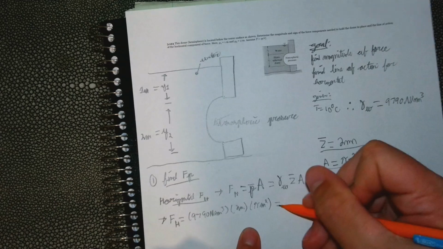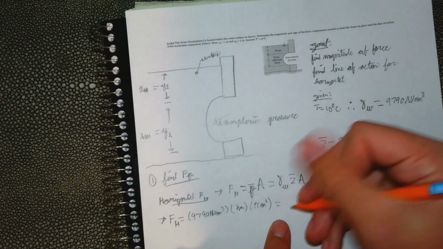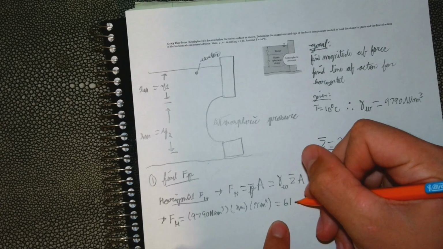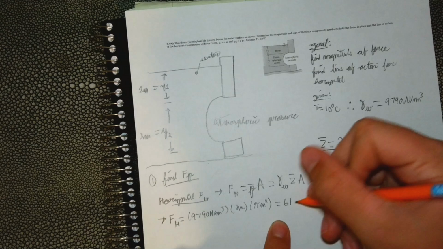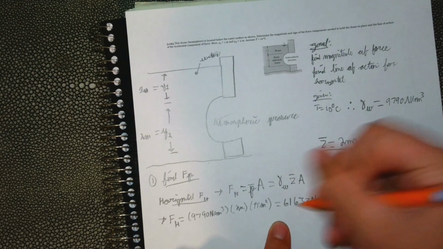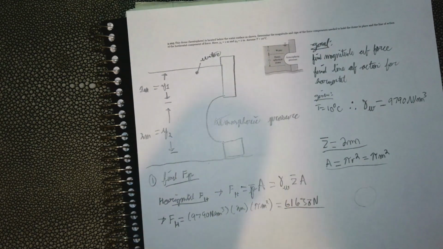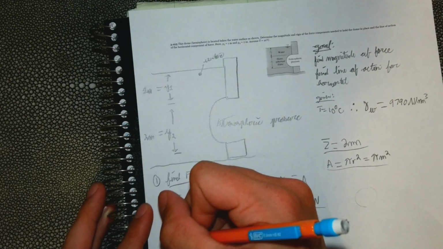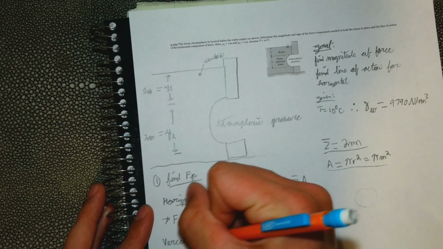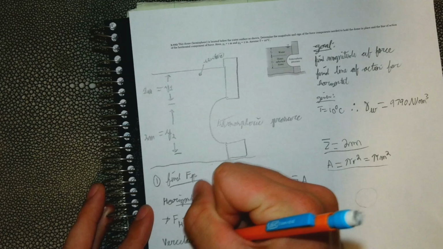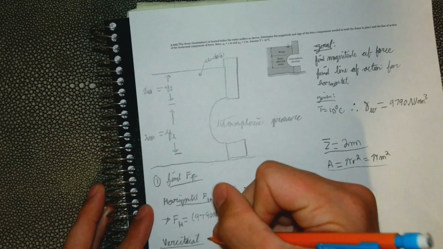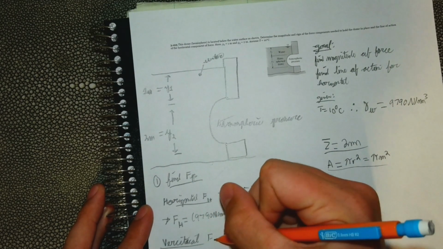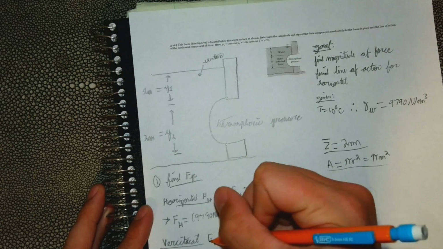If you put that in the calculator, you will get 61,638 newtons. Okay, now we have to find the vertical component. We're going to use FV to denote that.